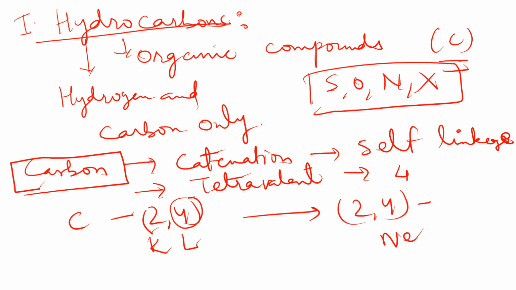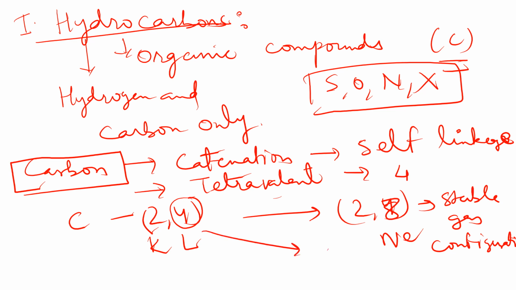Or either carbon has to lose 4 electrons to attain another stable gas configuration, helium. So carbon either loses 4 electrons or gains 4 electrons, but energetically this is not possible.